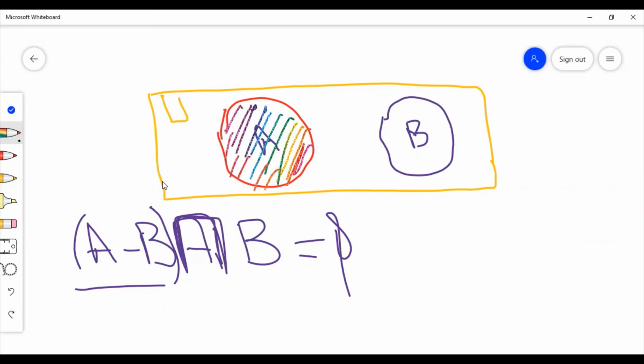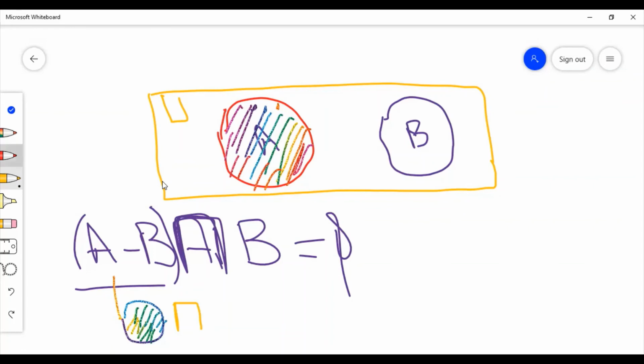These lines are representing A minus B. Now the next is the intersection, and next is B. So you can see this B.